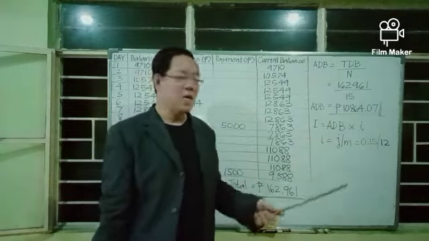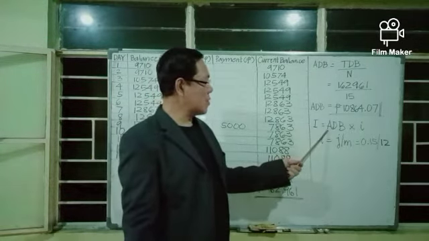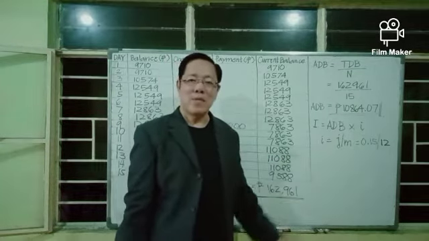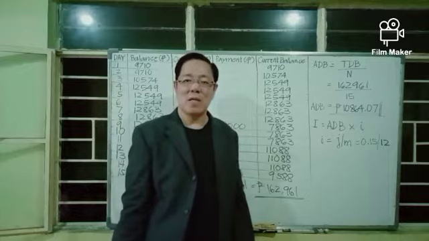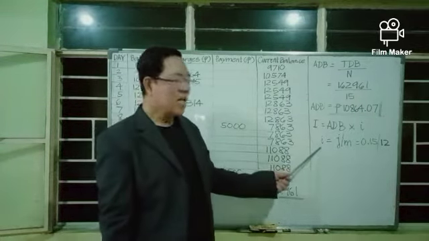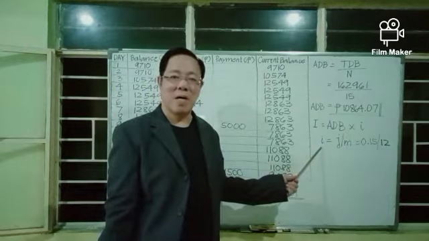The interest on credit card is equal to the average daily balance multiplied by the interest rate per period. We are given that the interest on credit cards charged by the bank is 15% compounded monthly. And i here would be the interest rate per month.